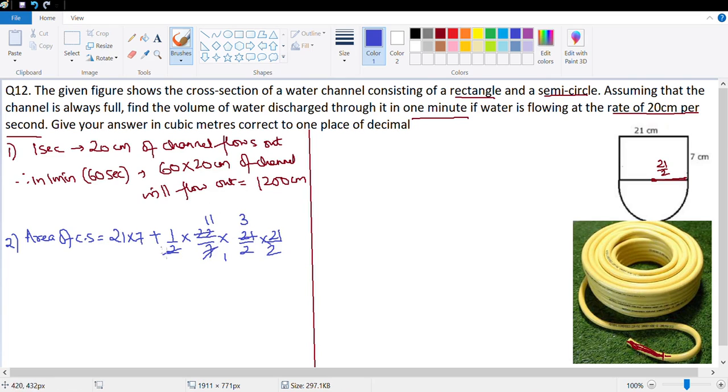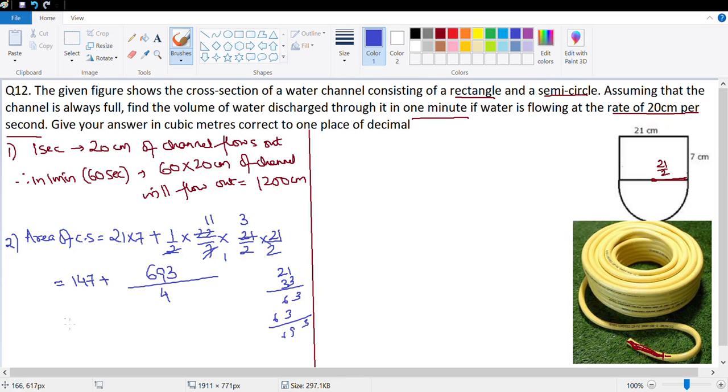So this is 21 into 7, 147 plus in the denominator I have 4, and this is 11, that's 33 into 21. So 21, 33, 3, 6, 3, 6, 396. So 693.